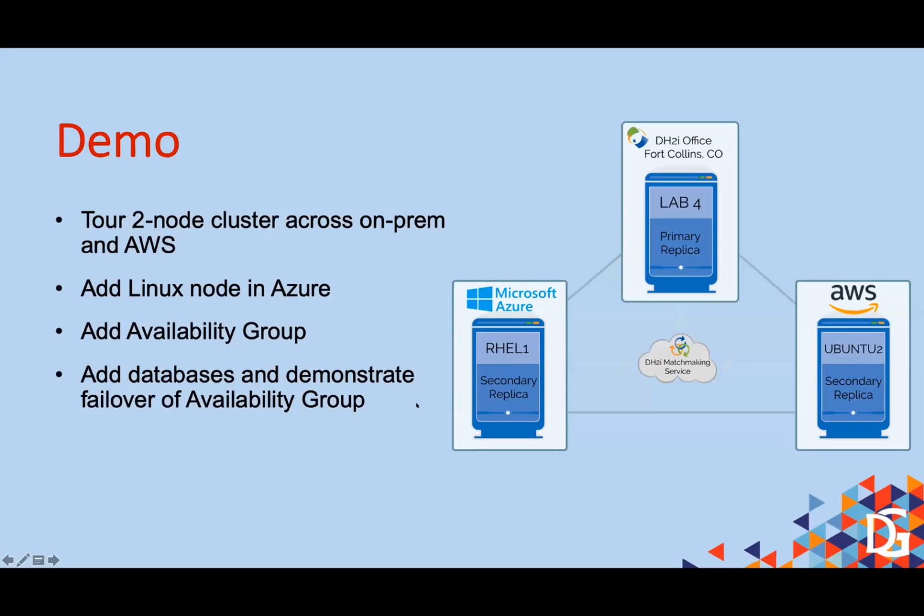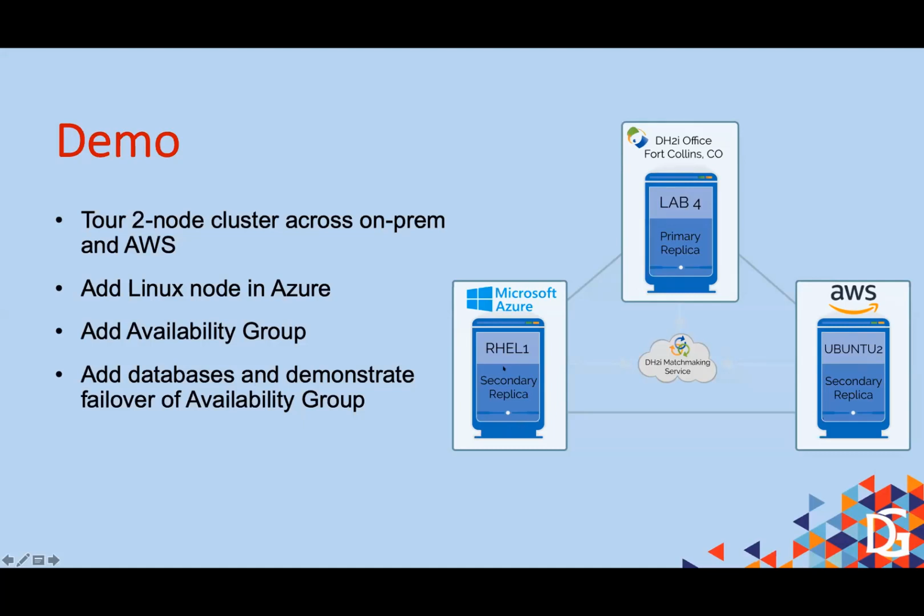This is the demo environment that we're going to be working with today. We're going to show you a 2-node cluster that has already been created between an on-premises location in Colorado, here in the States, and another node in AWS that we've already joined together. We're then going to go into the installation of the DxEnterprise product on a node that's running in Azure.